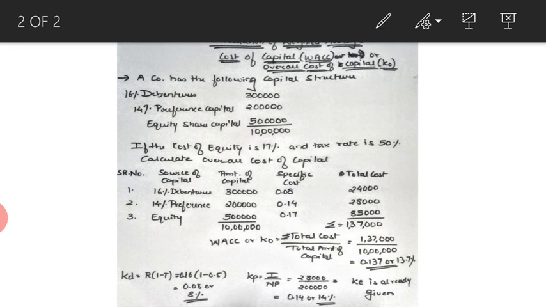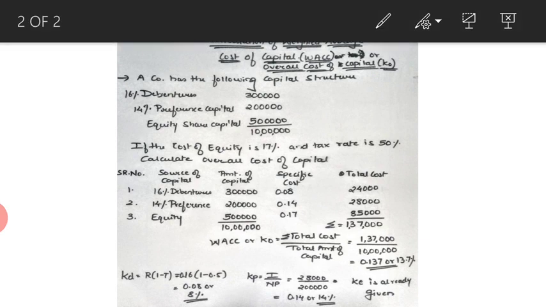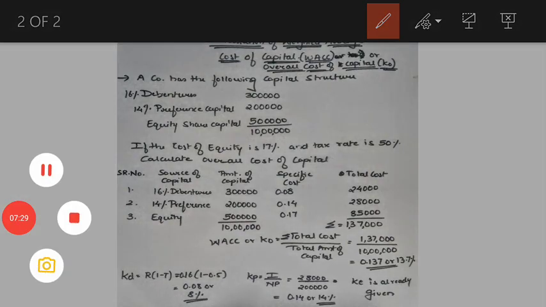So let's start with the calculation of weighted average cost of capital, which is also called the overall cost of capital. Before starting with the problem, I'll just give you a brief idea of what this is. Any company will not depend on only one source of capital.